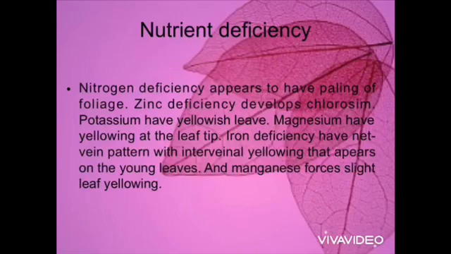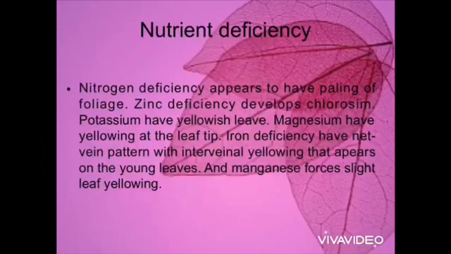Nutrient deficiency. Nitrogen deficiency first appears as a paling of foliage, while zinc deficiency shows as chlorosis developing between leaf veins, and shoots form with nodes spaced closely together and smaller leaves. Potassium deficiency appears as yellowish leaves with edges bent downward.